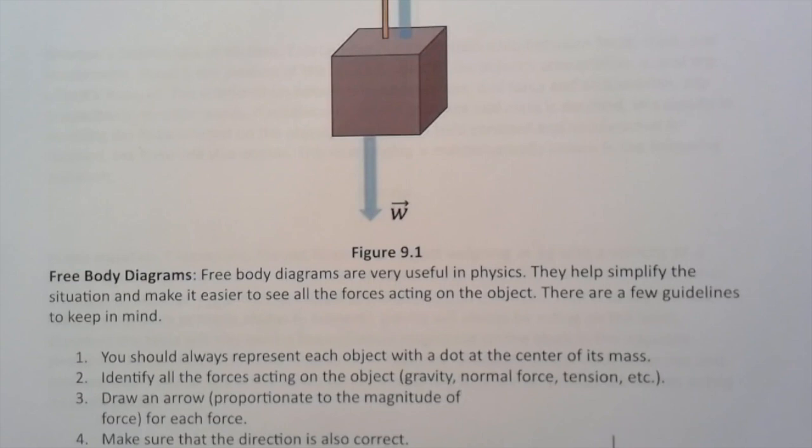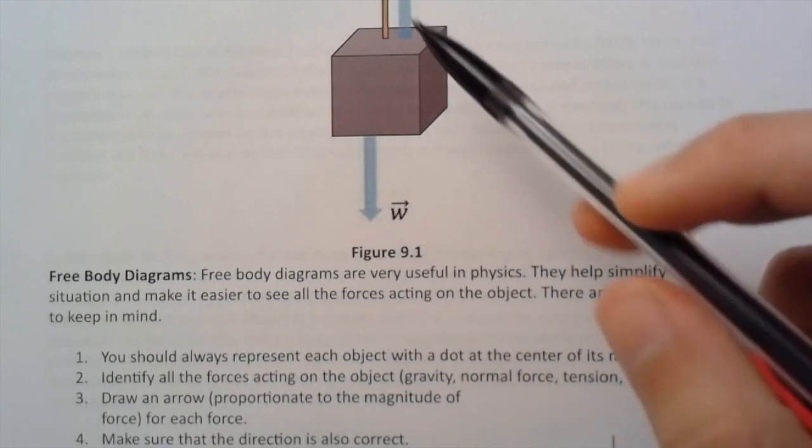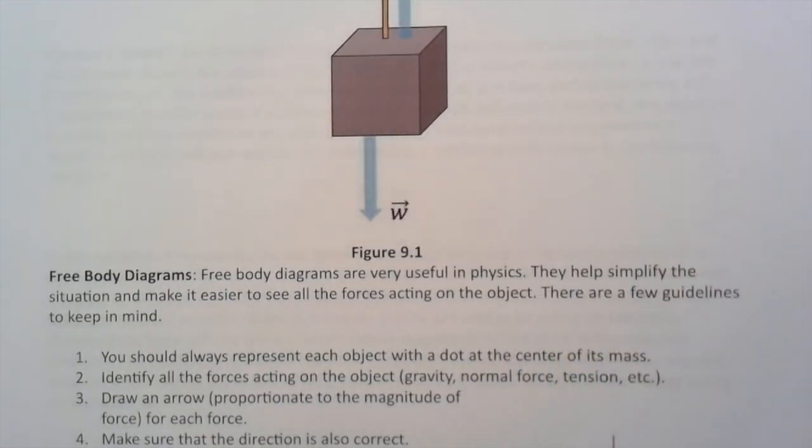At this point, you might not think that there's too much going on, but we're going to be doing some problems where it's a lot easier to simplify. To simplify means to pretend like the object is located at one point, at one dot. And you should always put a dot at the center of mass of the object. And then you want to go ahead and identify all the forces acting on it. So in the case up here, it would be tension and weight.